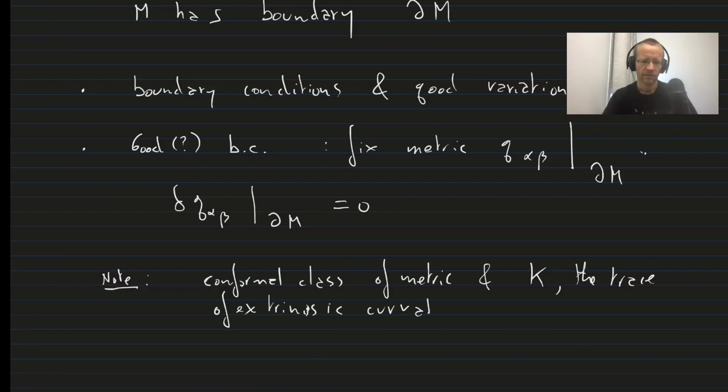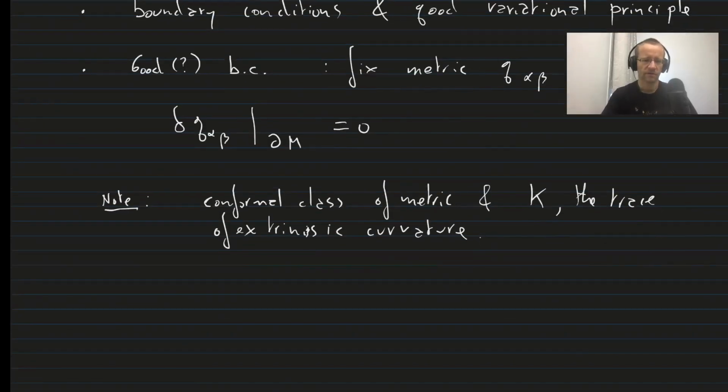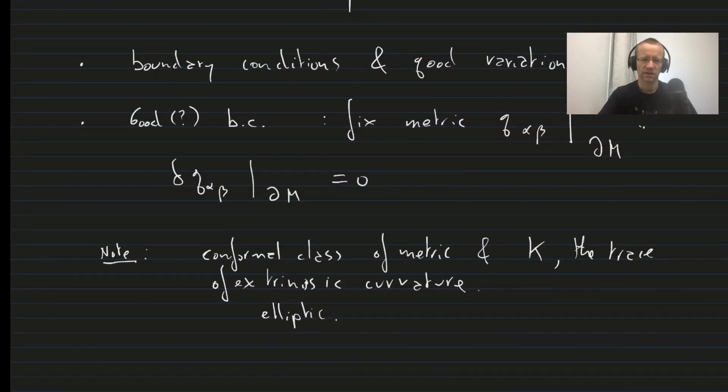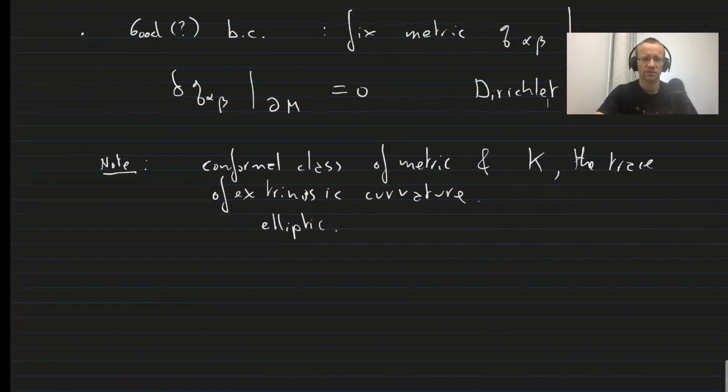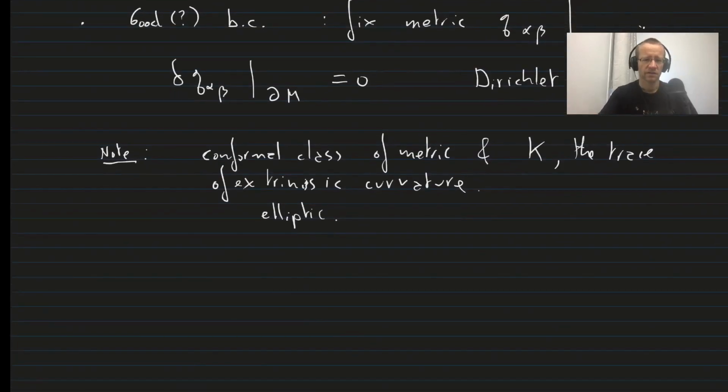And the reason this may be better is because it guarantees that the differential equation in the Euclidean has an elliptic nature, while the Dirichlet boundary conditions that we are going to take do not necessarily have this property. But anyway, we shall continue in traditional fashion and study the Dirichlet boundary conditions.